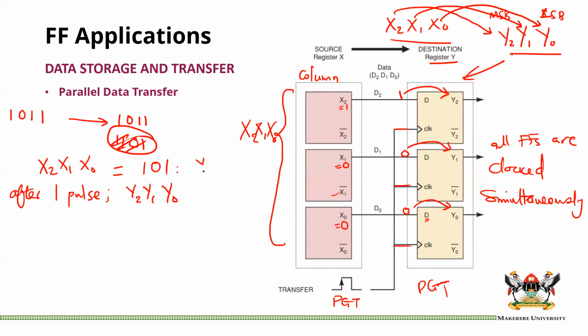We could say that y2, y1, y0 initially was 0, 0, 0. After 1 pulse of the clock, what is y2, y1, y0? Yeah. I think it's 1, 0, 1.